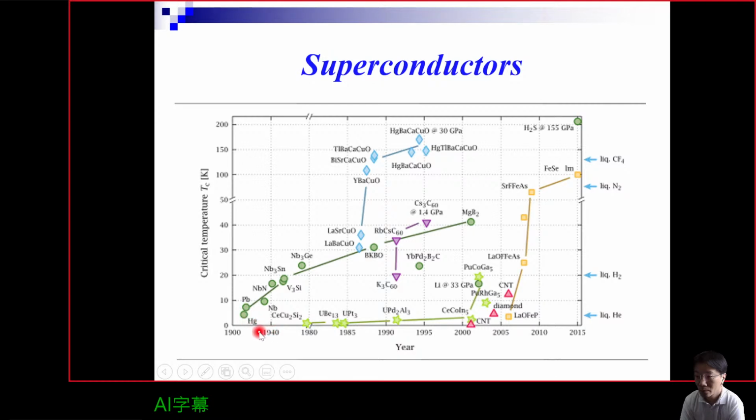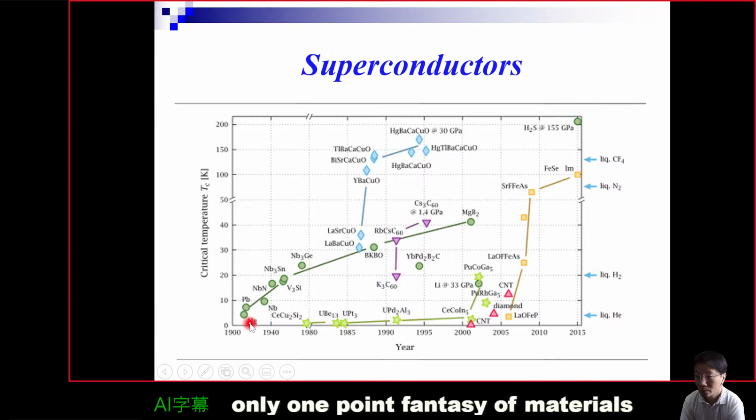The boiling point of liquid helium is 4.2 K, and the Tc of mercury is 4.3 K. So how lucky was Onnes, because there is only 0.1 K difference from the Tc of mercury. So he discovered both the liquefied helium and the first superconductor, mercury.